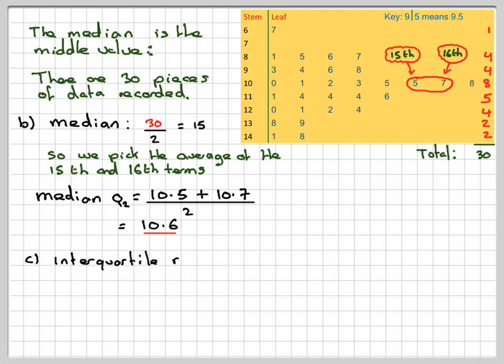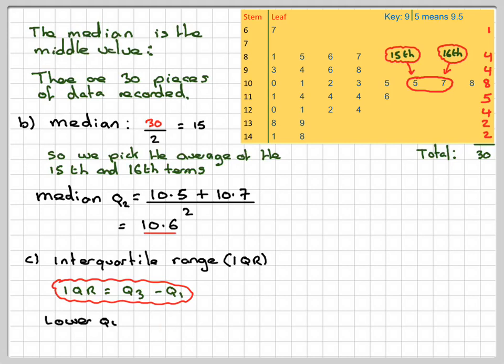Right, the interquartile range, IQR, we find by doing Q3 minus Q1. Now Q1 is called the lower quartile, and we can find it by either doing a quarter of 30, or just looking at all these values here, including this one, which means they're 15, and then taking the 8th value.